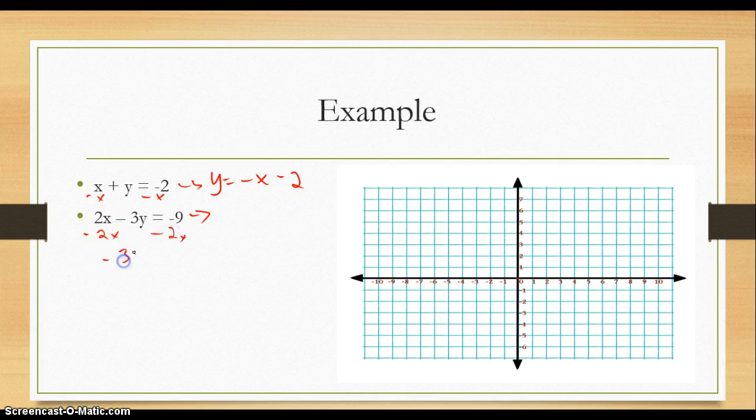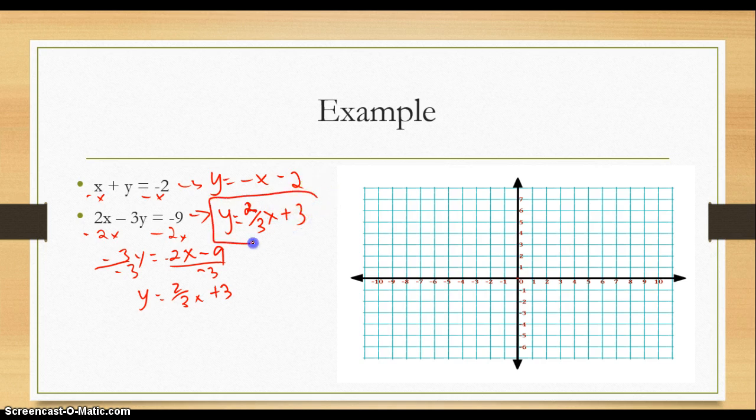I have negative 3y equals negative 2x minus 9. Divide by negative 3. I have y equals 2/3 x plus 3 now. Okay? So y equals 2/3 x plus 3. So here's my two slope-intercept form equations.